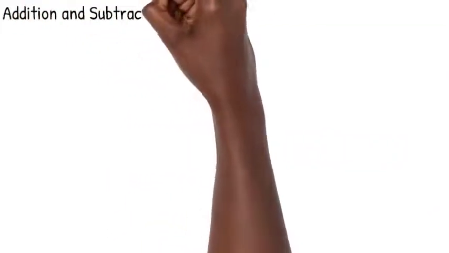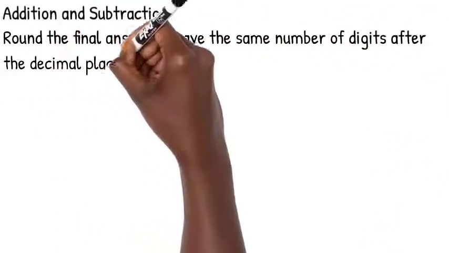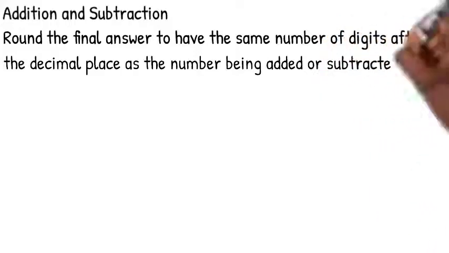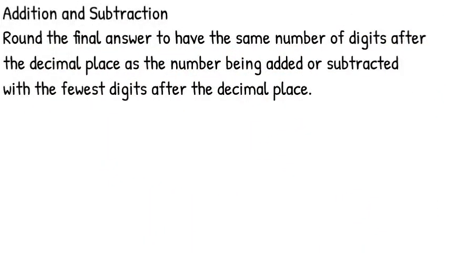When adding or subtracting, you should not be concerned with the number of significant figures in a number, but the number of digits after the decimal place. You should round the final answer to have the same number of digits after the decimal place as the number being added or subtracted with the fewest digits after the decimal place.